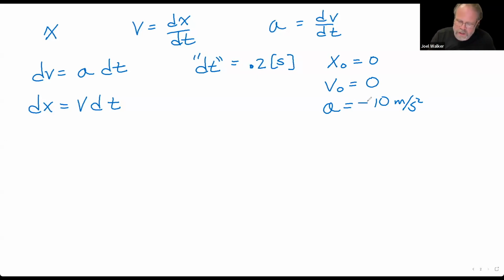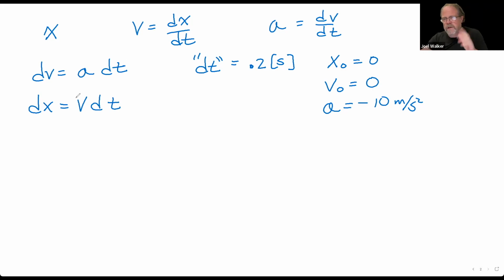but in the downward direction. And let's then run an algorithm which takes incremental steps in time and updates the velocity for each step in time by the current value of the acceleration, and then updates the position for each step in time relative to the current value of the velocity.